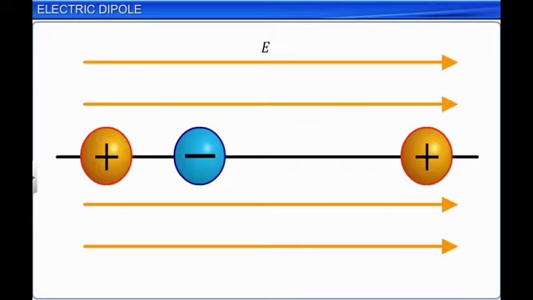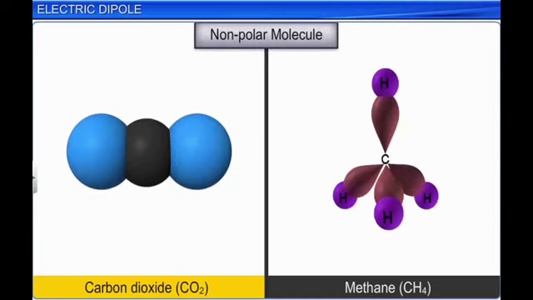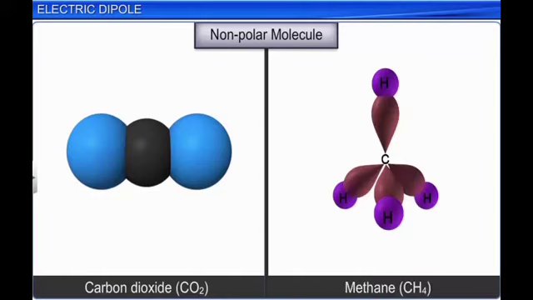This motion of the charges now sets up an induced dipole moment for the molecules, and the molecules are said to be polarized. When the external electric field is removed, the polarization disappears. Hence, the induced dipole moment also vanishes. Carbon dioxide, CO2, and methane, CH4, are examples of such non-polar molecules.